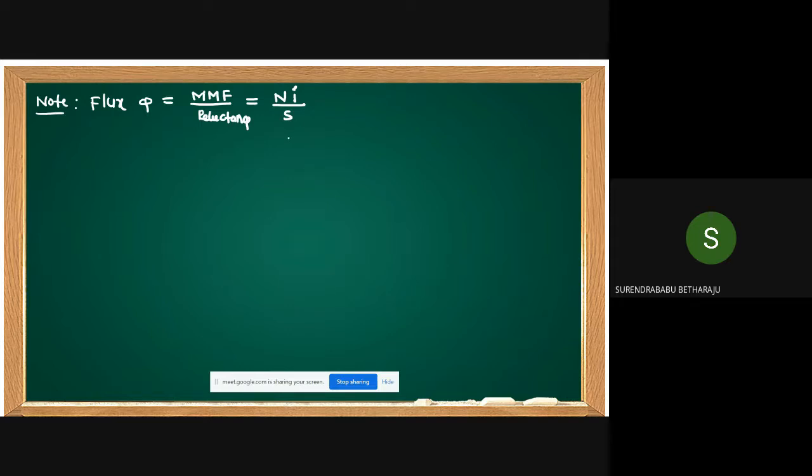For a particular magnetic circuit, once you design the coil, N is constant. The reluctance S is also constant for the same magnetic circuit. Then if N is constant and S is constant, the flux is always proportional to current.